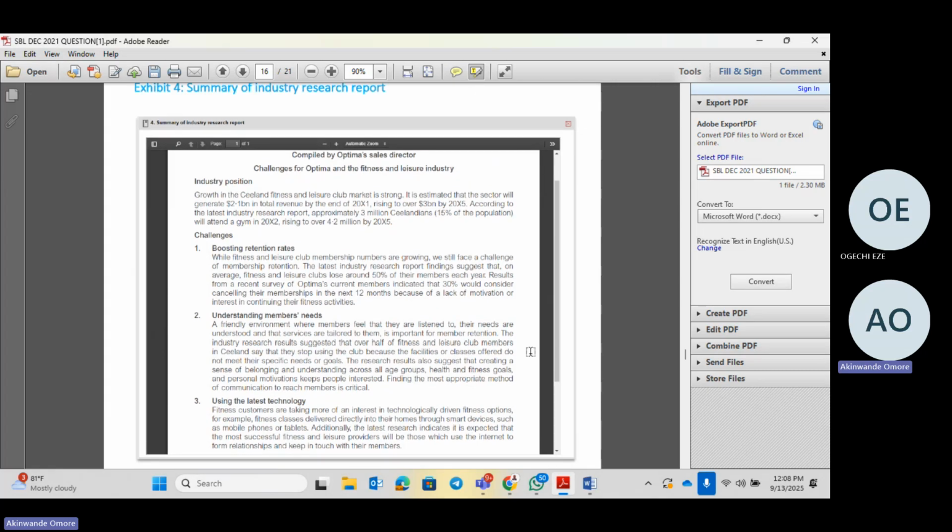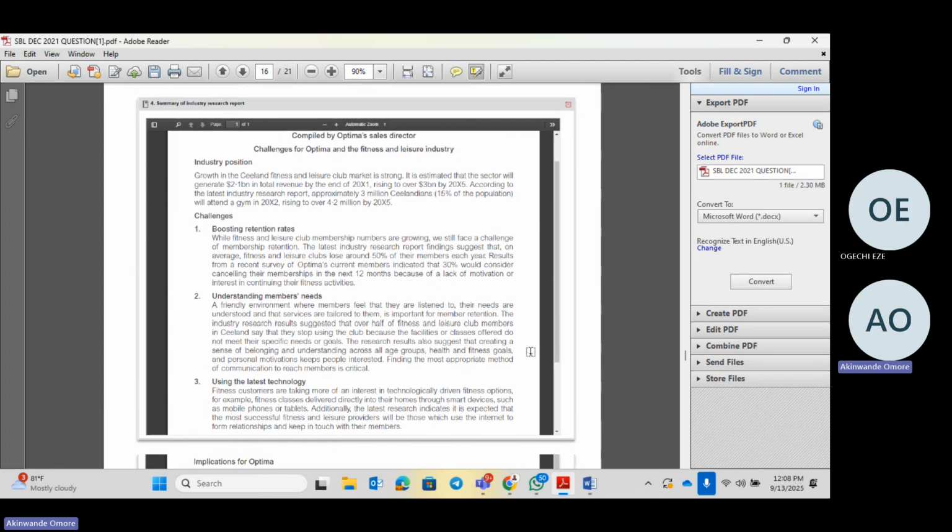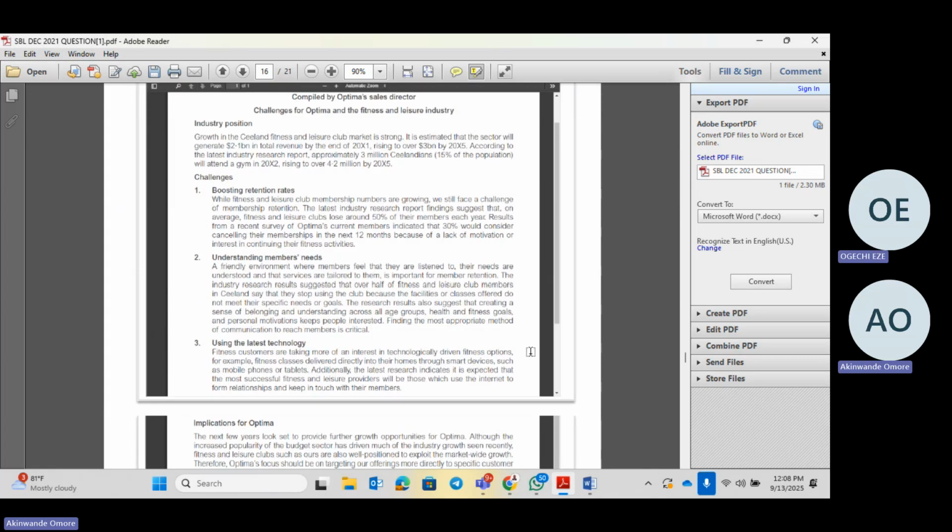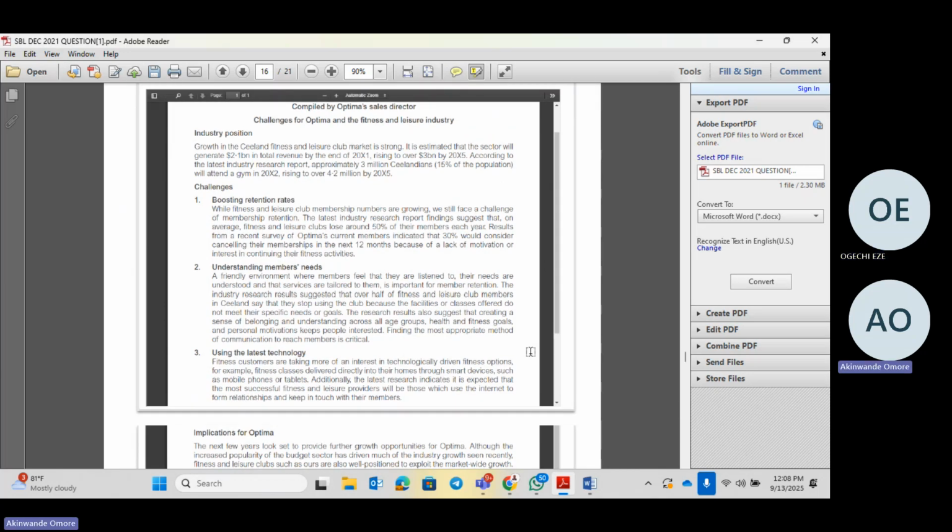We can use this slide too, but this one will be for Optima. We are looking at benefits for Optima.